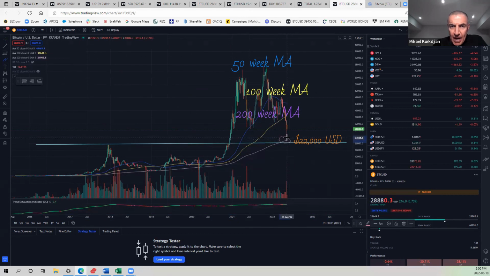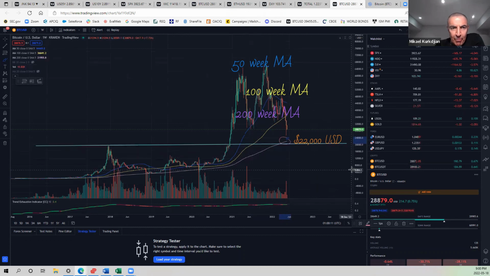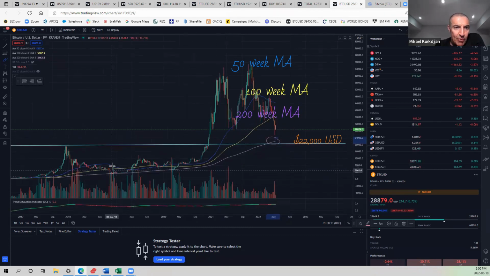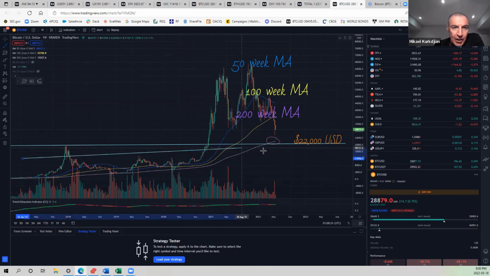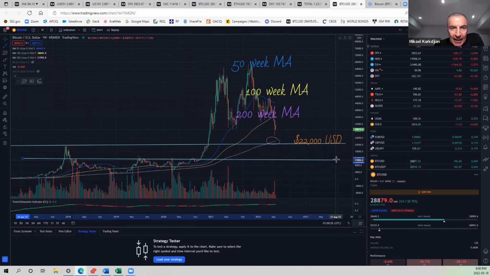Obviously, if we break this support line, it's not a great sign, because if Bitcoin breaks that support line, it would potentially go to the next important points, which happen to be in the range of 11 or 12,000 US dollars.